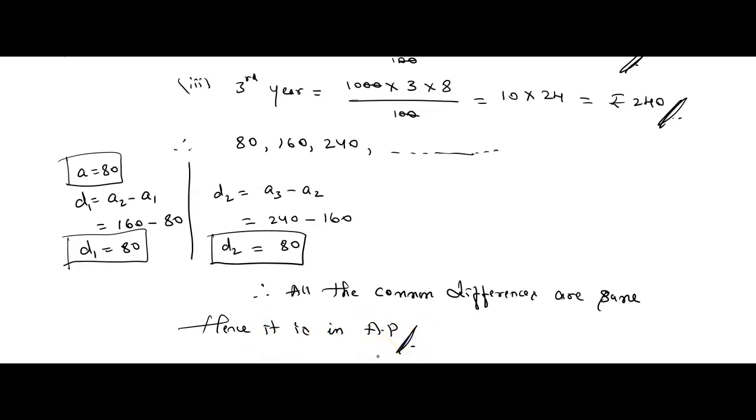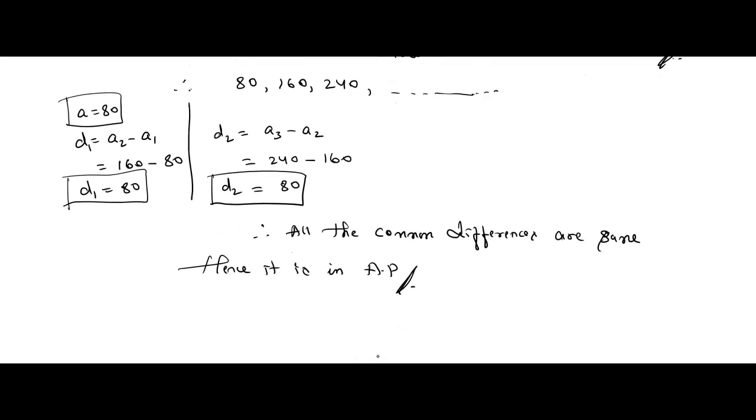Now he is also asking us to calculate at the end of 30 years, at the end of 30th year. So here again we have to calculate interest at the end of 30 years, that is equals to A30.